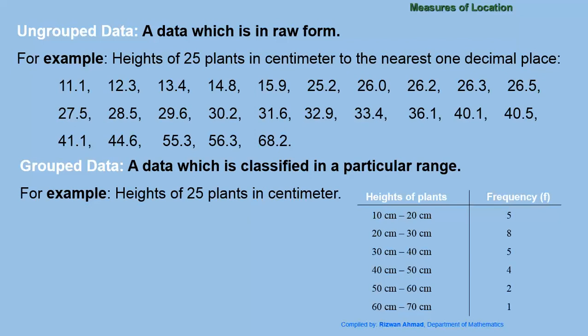In the first group, 10 to 20, we have 5 plants whose heights are 10 to 20 centimeters, and so on for the other classes. This table is also called the frequency distribution, which gives the classes with their particular frequencies.